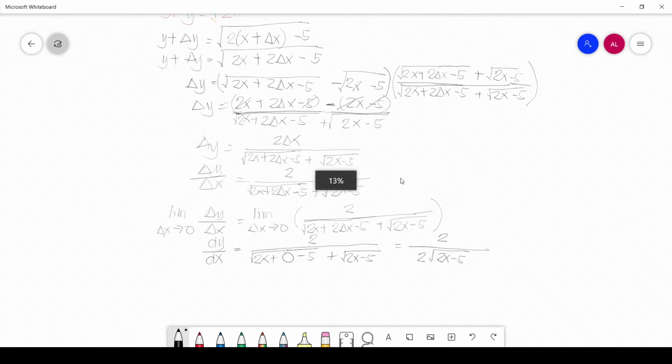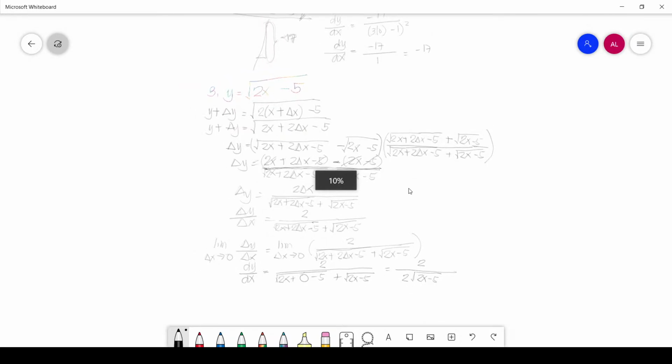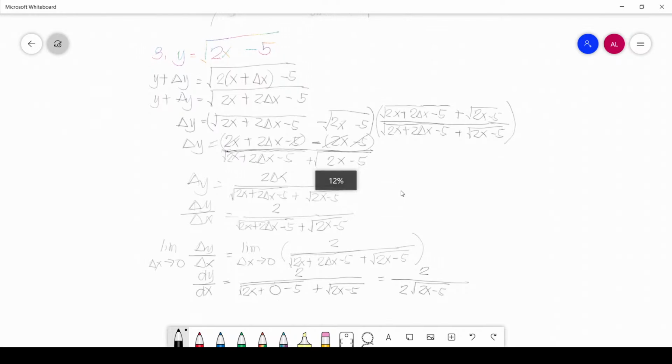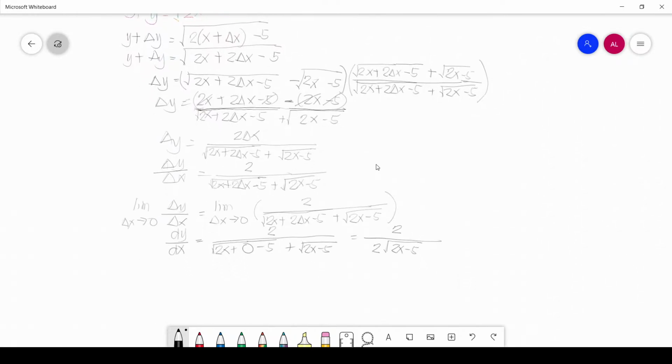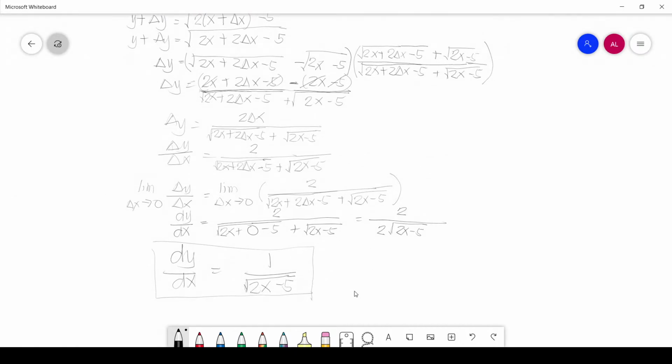para makita ninyo. So, ganito lang kaikli ang solution for radicals. Kayang-kaya ninyo na yan. So, dy over dx is equal to 1 over the square root of 2x minus 5. So, this is the slope of the function square root of 2x minus 5.